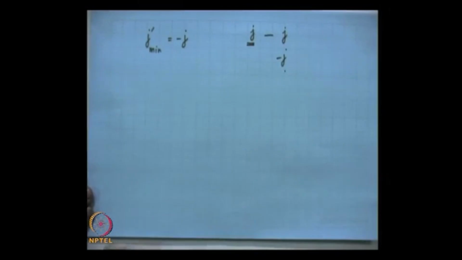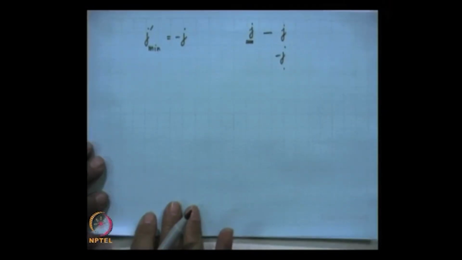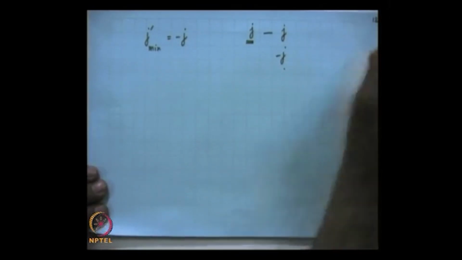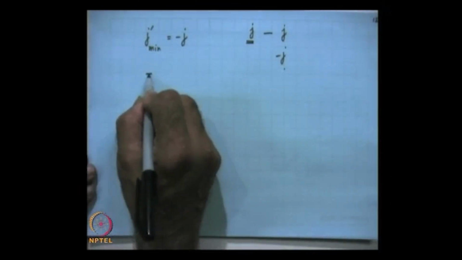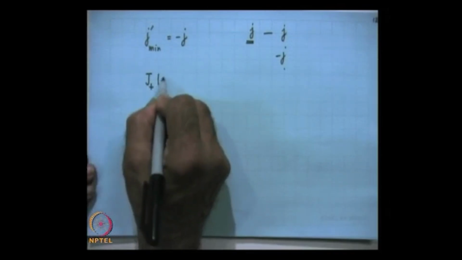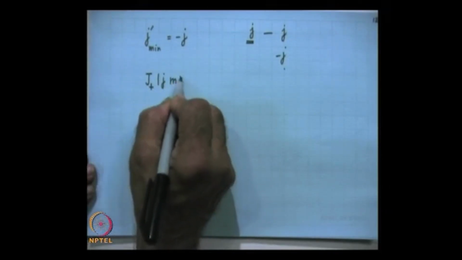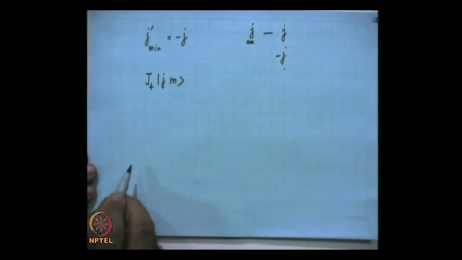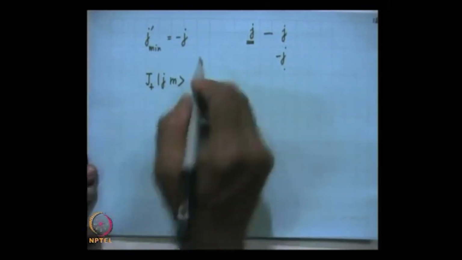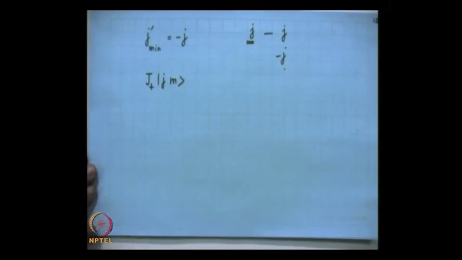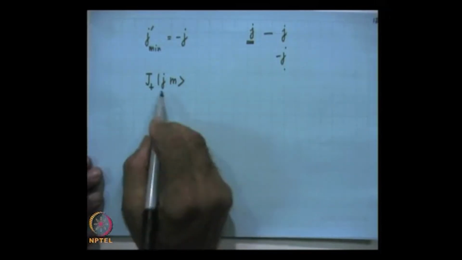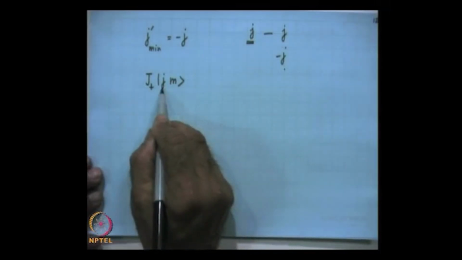Okay. Now, let me do one more algebra, and that is, we have shown that J plus ket Jm, if ket Jm is an eigenket of J square and Jz, then J plus ket Jm is also an eigenket, but now belonging to the same eigenvalue lambda, which is j into j plus 1.